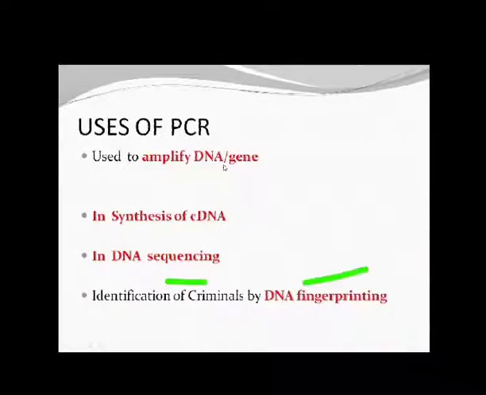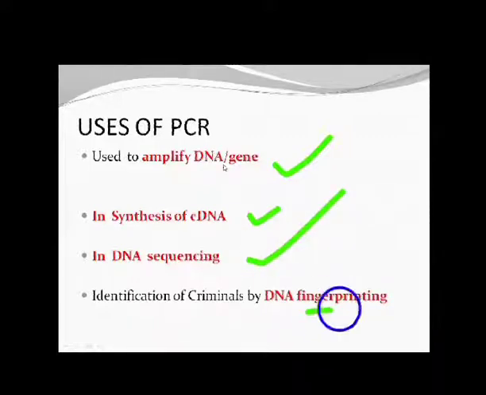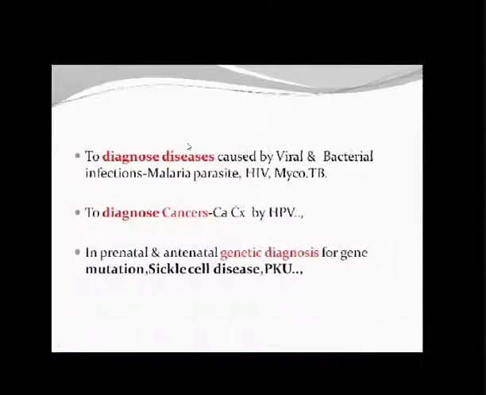Uses of PCR. It is used to amplify DNA genes, in synthesis of cDNA and in DNA sequencing, and in identification of criminals by DNA fingerprint. Those are the uses of PCR.